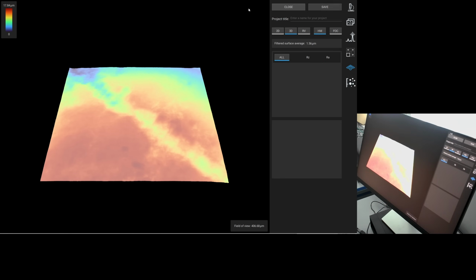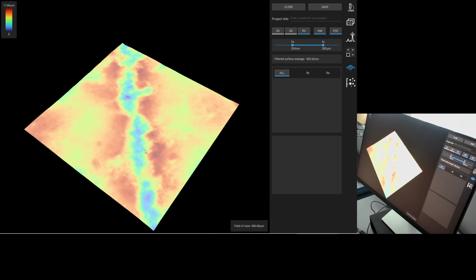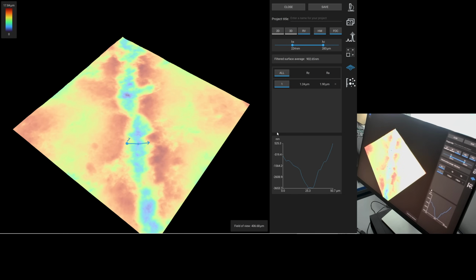Well, that's definitely a scratch, isn't it? Boom, boom. There we go. Firstly, how wide is the scratch? It's thinking. It is about 50 microns. And it is, interestingly, it looks like it's raised on both sides. Seen that before.